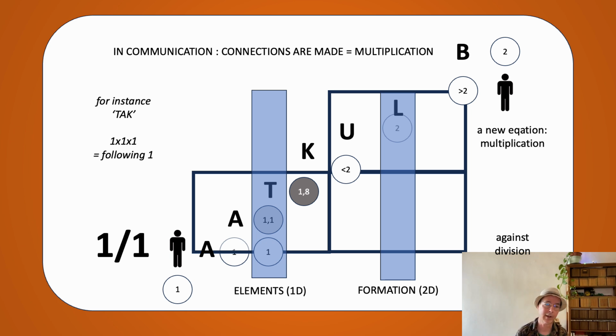So if we have that, it's all 1. It is, in other words, following 1. It is following our central part of vision, and that's what is the word tak. It's multiplying, but it's also multiplying it in a way that it follows our vision.